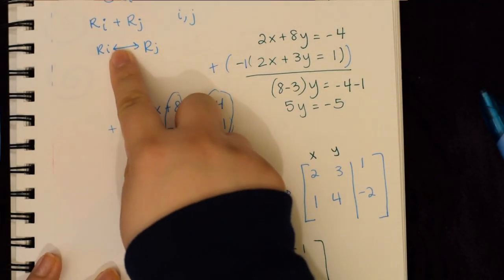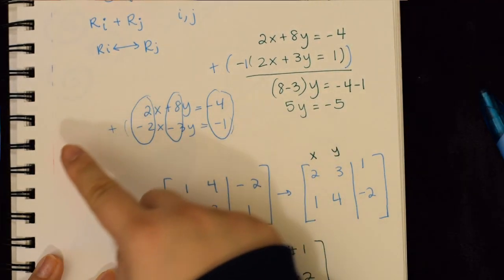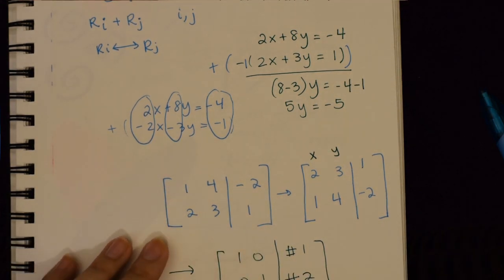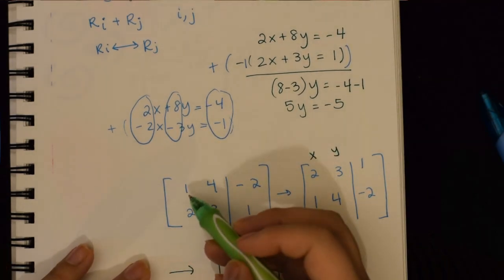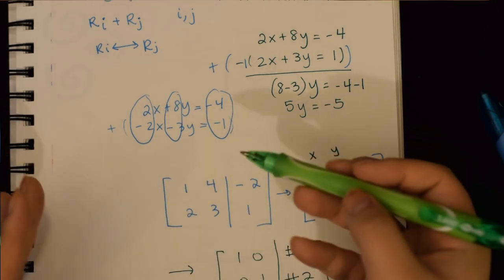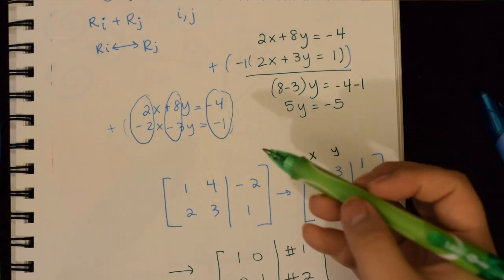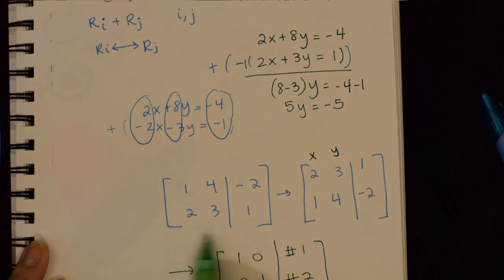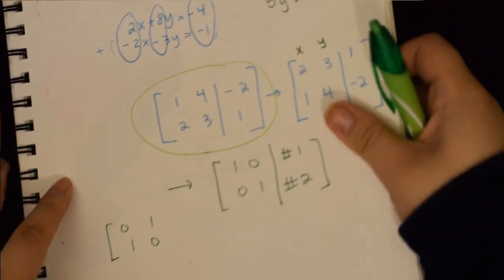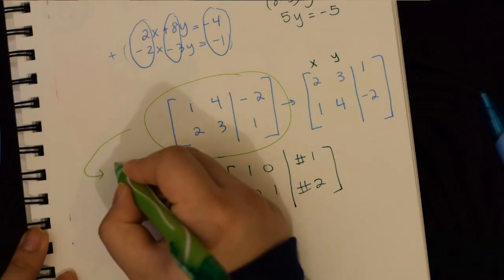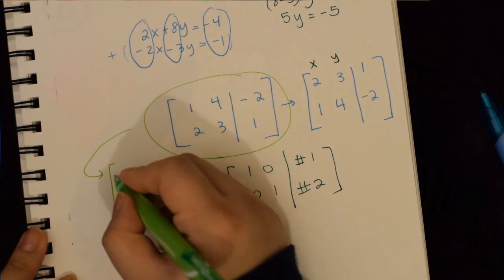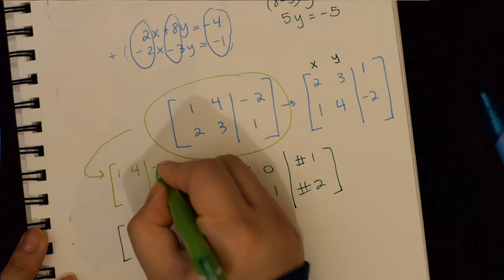So when I write it like this, I basically just mean adding row 1 and row 2, for instance. People write this out slightly differently. What I mean by adding it is you're going to replace a row with all of the sums, and you label which row you're going to do that to. So if I started with this, I can decide which row to do that for, but I can do 1, 4, -2, and keep that.